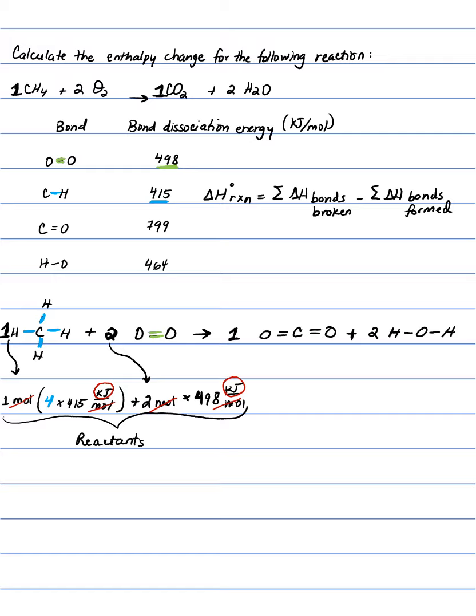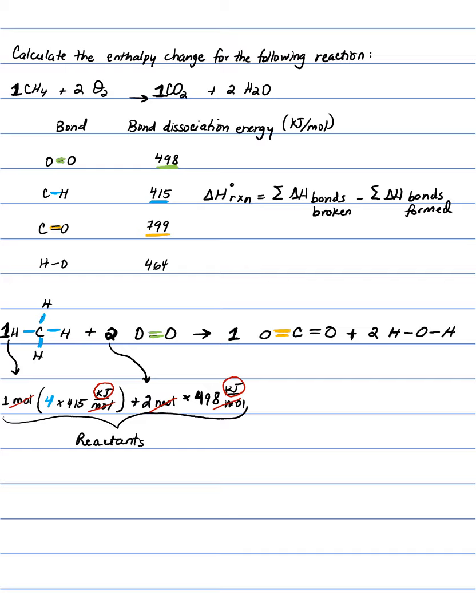And now let's check what we have on the product side. On the product side, we have C double bond oxygen. So this one right here, and each C double bond oxygen has an energy equal to 799. How many do we have of them?